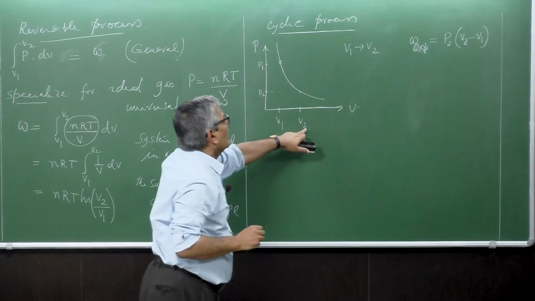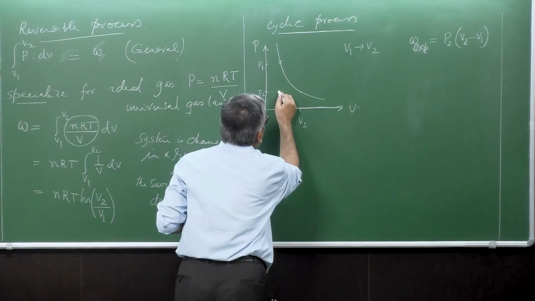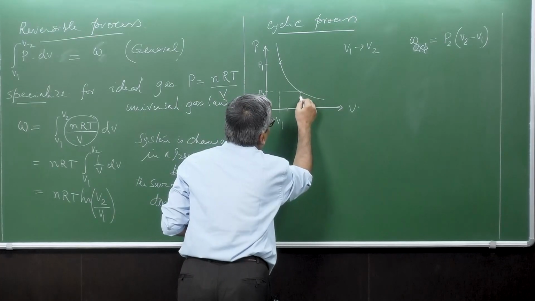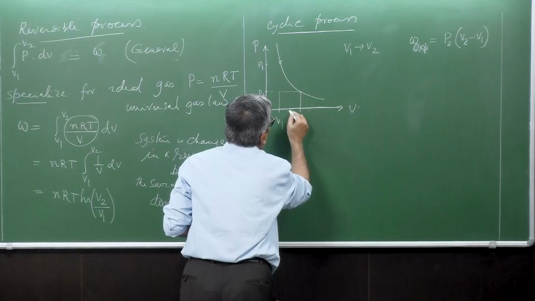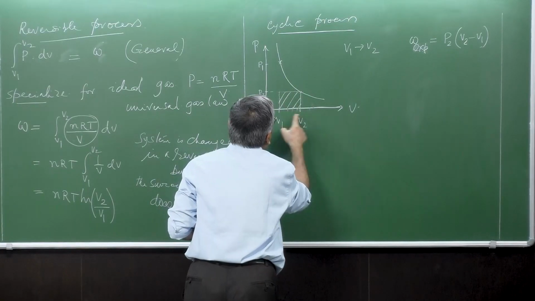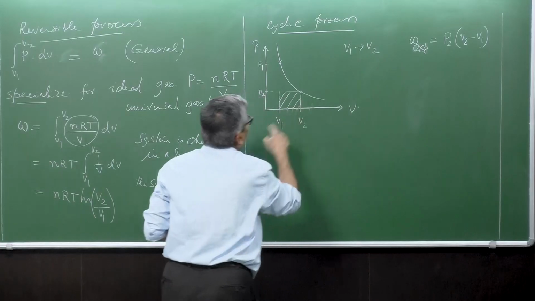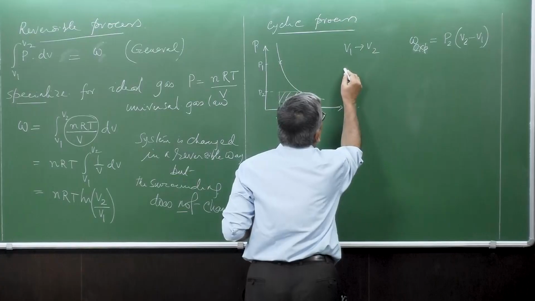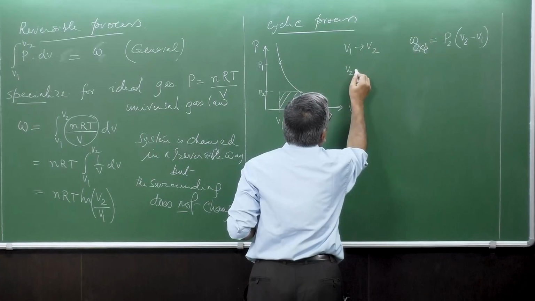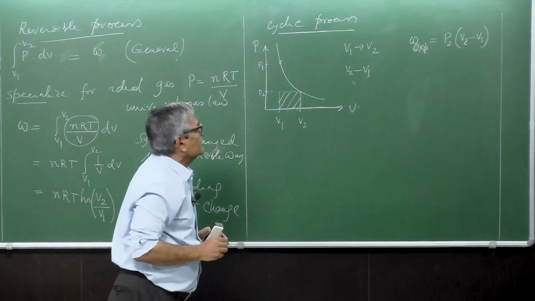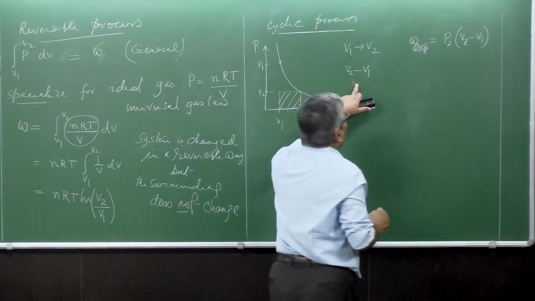So this is the work of expansion, and the area is basically P2 times the volume change V1 to V2. Then if I revert back, I come back from V2 to V1, that is the work of compression.